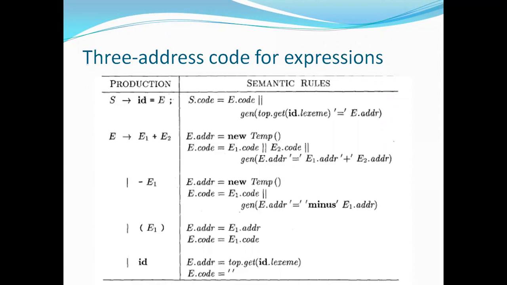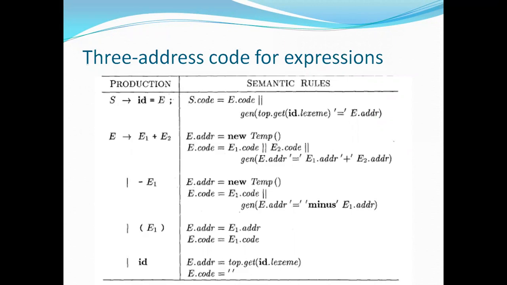Why? Because no action is enclosed within braces. In the semantic rules, no action is enclosed with braces. So we are just calling them semantic actions or semantic rules corresponding to the production rule, right? If we enclose them with braces, then that can be called a translation scheme. Make a note of this, translation scheme.